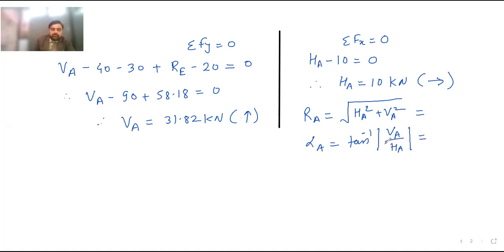Let me know the answer. 33.35. Okay, so RA is 33.35. Others, please do check the answers. Now calculate alpha A.